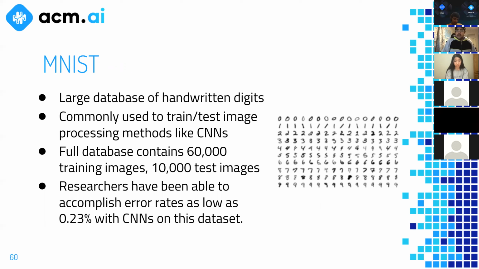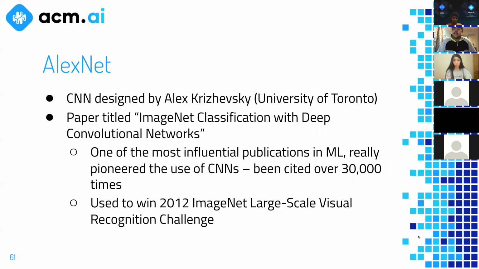So what does this mean for CNNs in general? If researchers have been able to do this, it justifies having CNNs do image identification, and not only image identification, but other tasks as well, and more importantly, other applications.